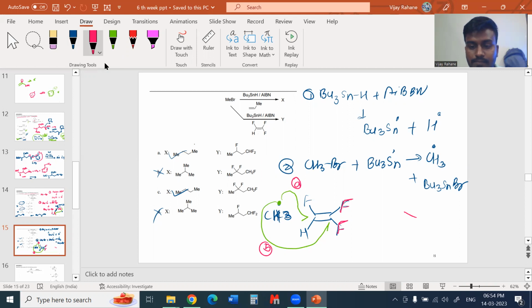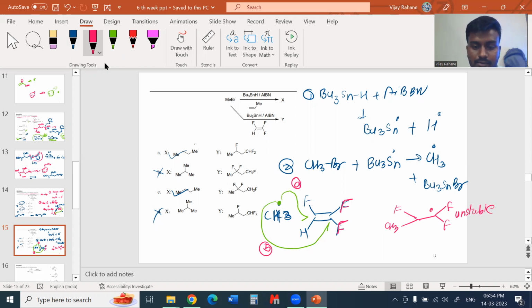If A path is followed, then here will be a radical which has the two fluorine atoms. This is unstable, right?